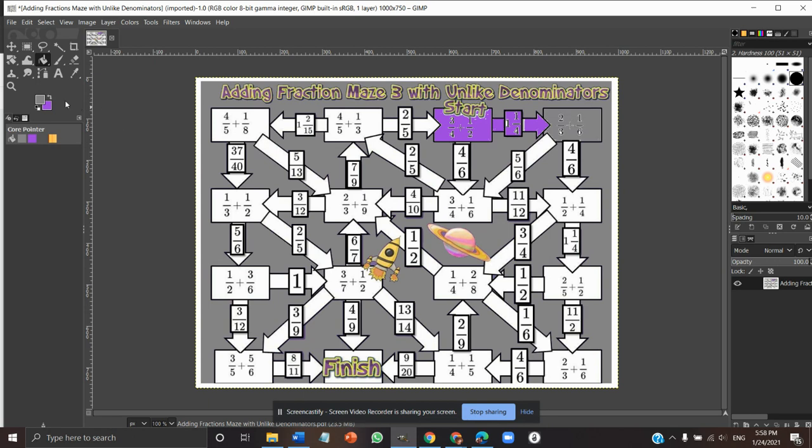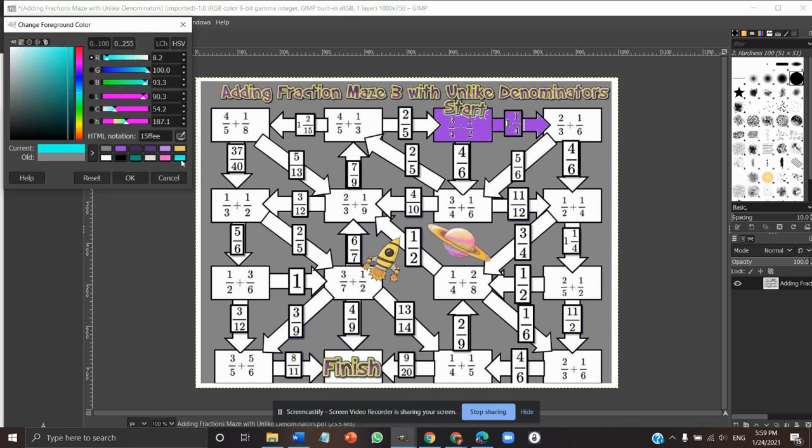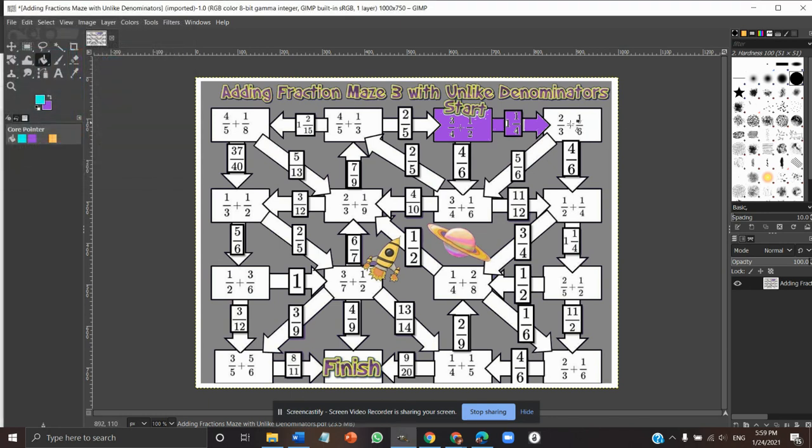And now I'm going to try to answer the other one, 2/3 plus 1/6. If this is the answer, then I'm going to answer this one, and so on until I get to the finish line.